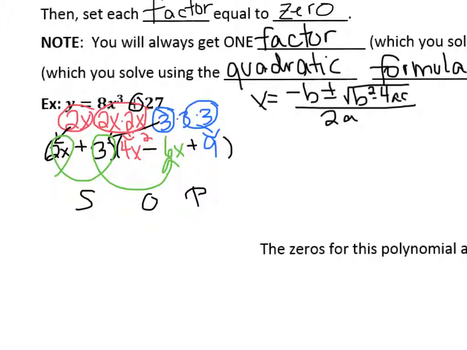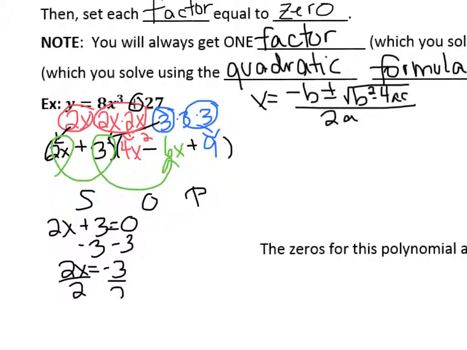Now we set each of these equal to 0 in order to solve. The first factor is our typical one, the binomial. So we go 2x plus 3 equals 0. So we subtract 3. I get 2x equals negative 3. Divide by 2. So x equals negative 3 over 2.